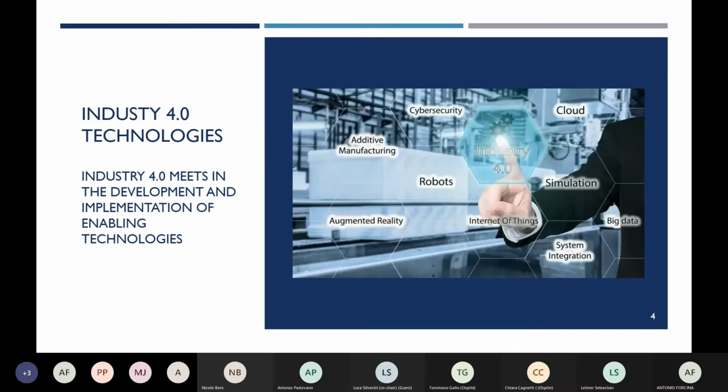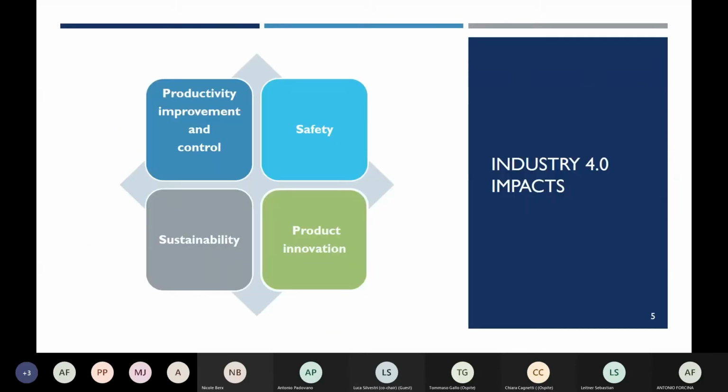Industry 4.0, as is known, is innovating manufacturing by applying and integrating the so-called nine pillars or technologies in order to allow the transformation of a conventional factory into a smart factory.